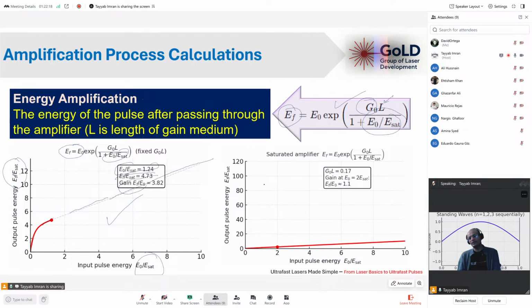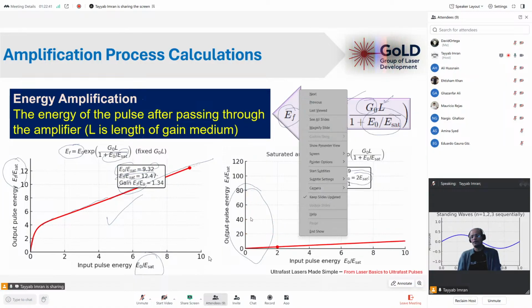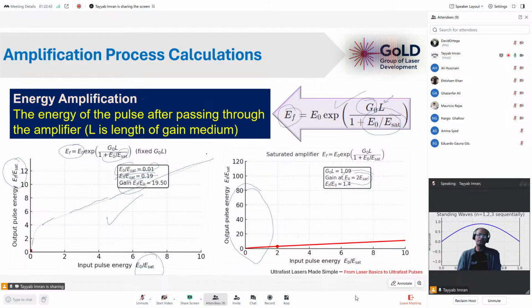If you see this portion, it's because we fixed the gain at this value, and that is why this portion is increasing, but not overall.